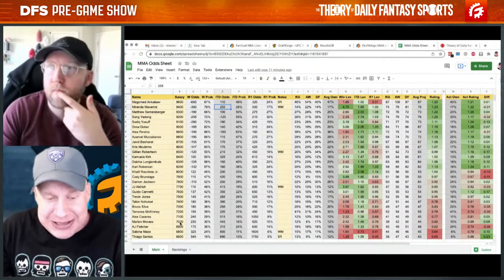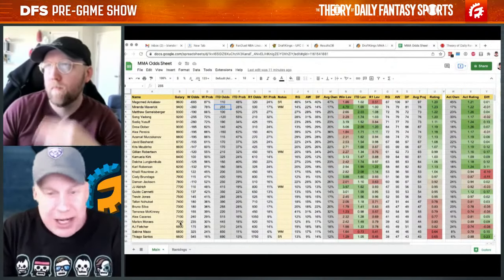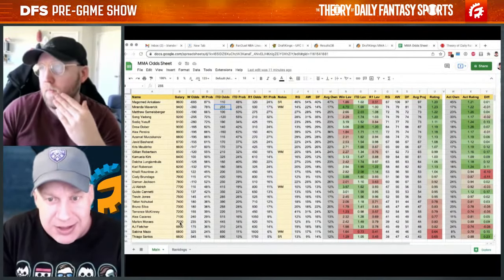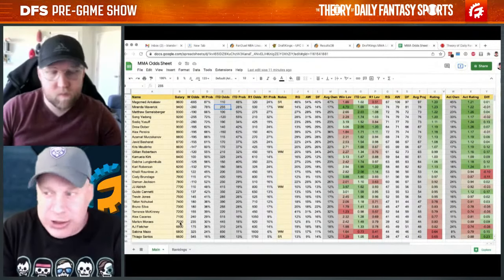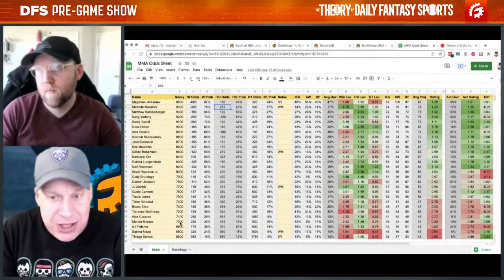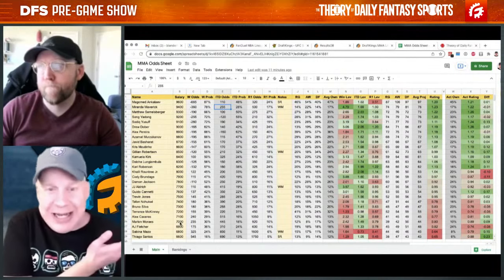Like we had Edson Barboza last week. Imagine, Edson Barboza was a world beater 7 years ago. So if you're taking that data into account, how do you adjust for the fact that he's lost the past 3 fights and he's pretty much washed up and he has no takedown defense? That data doesn't matter that much.